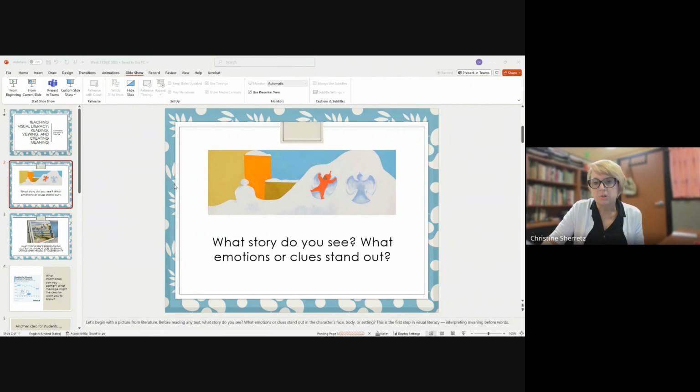So here is a picture of a story that I hope you maybe know, A Snowy Day by Ezra Jack Keats. Just looking at this illustration, I want you to think about what story you see. What emotions or clues stand out? If you are from the North, like I am, I lived in Indiana.